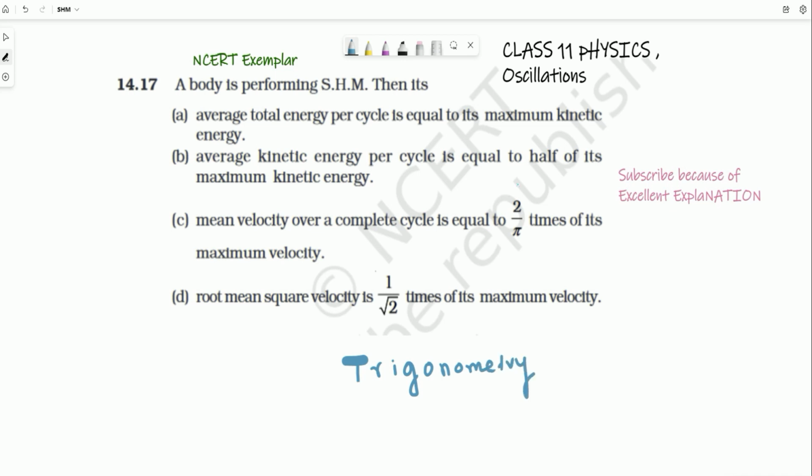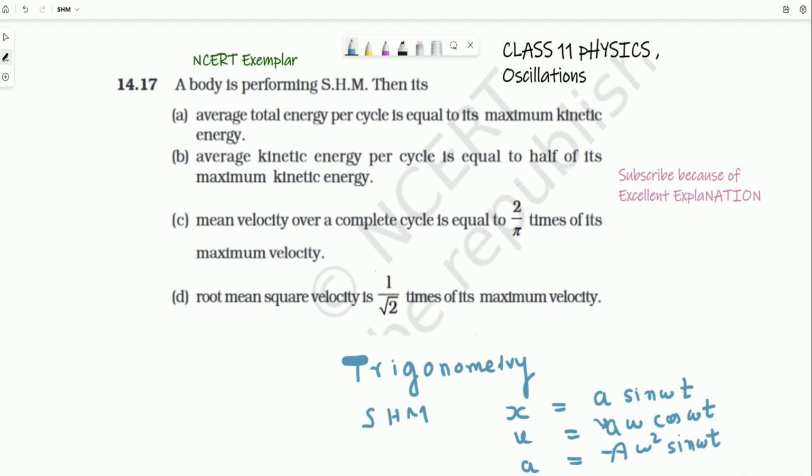Because in most S.H.M, the displacement is written like A sine omega t, starting from the equilibrium point, and velocity is given by A omega cos omega t, and then the acceleration is given by, so I will change the nomenclature to capital A, minus A omega square sine omega t. You can see a lot of S.H.M parameters like displacement, velocity, and acceleration are expressed in sine and cosine.